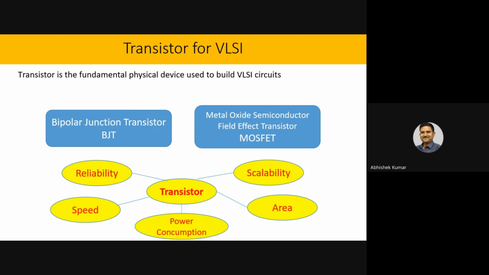Apart from it, mostly we have power consumption, and we can have reliability. Reliability is one figure which tells us whether our device can operate reliably under harsh or constrained conditions.